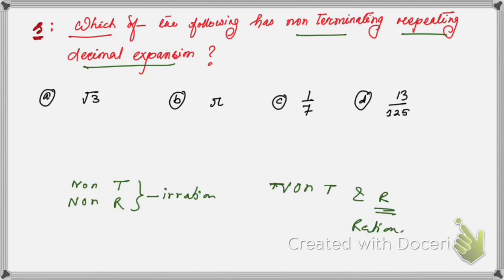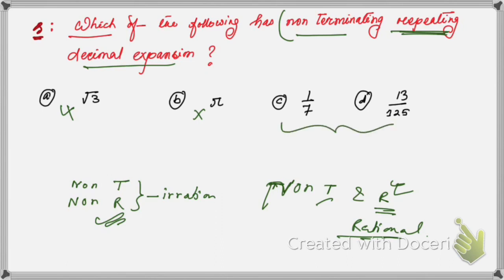So here we need non-terminating but repeating. We don't need non-terminating, non-repeating. Okay, so that must be rational. So the first two options are irrational, so straight away we can cancel these two. So we have two options, these two.